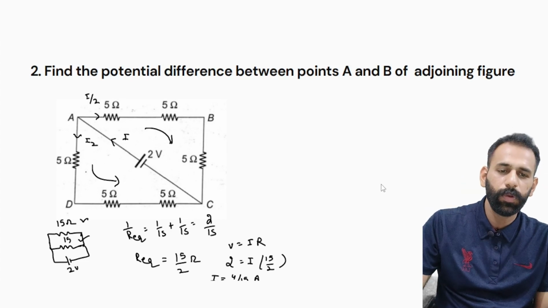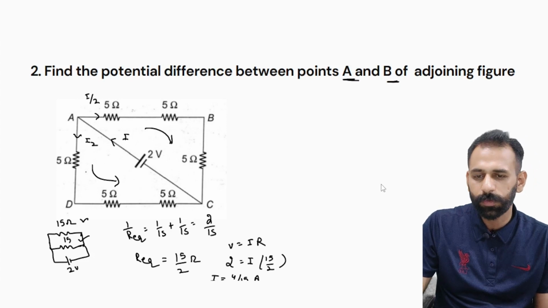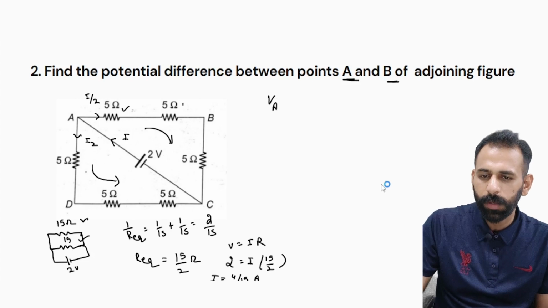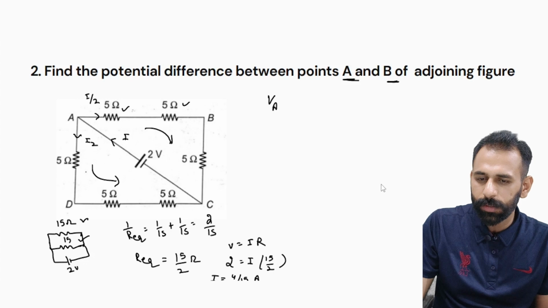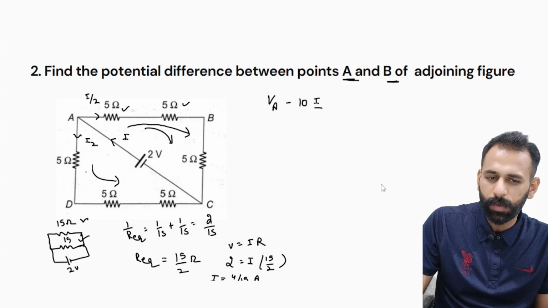As we want to calculate the potential difference across A and B, for that I will use the same rule, that is VA. There are 2 resistors only between A and B, and in the direction of current we are considering the loop, so we will take it as minus 10 into I by 2 is equal to VB.